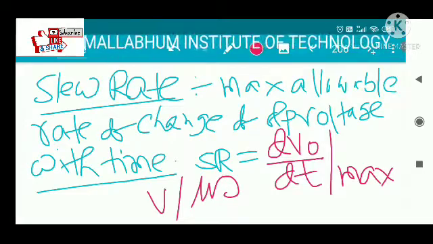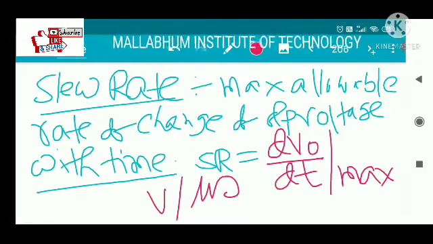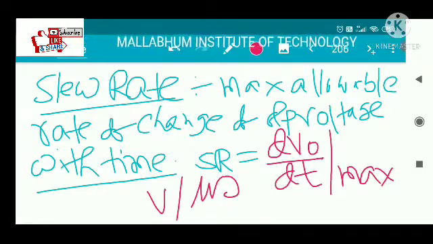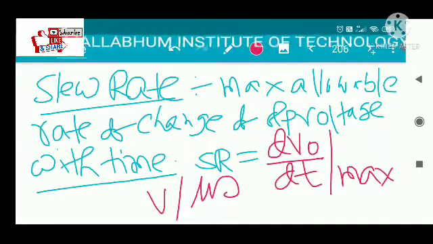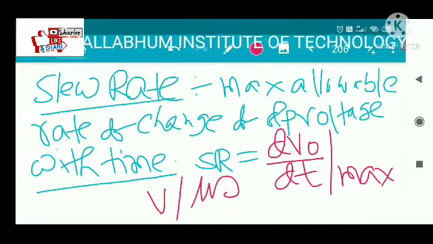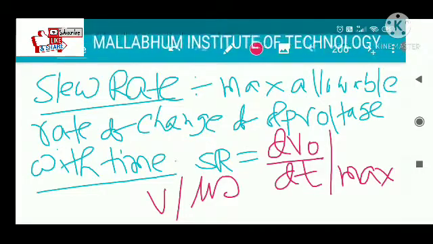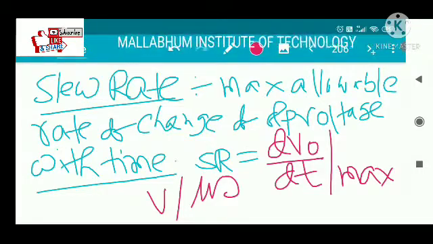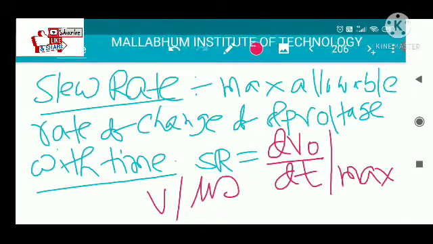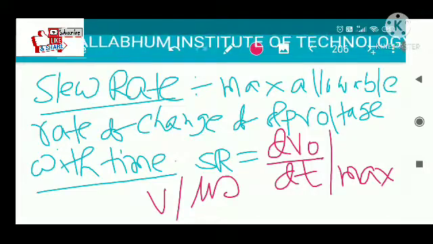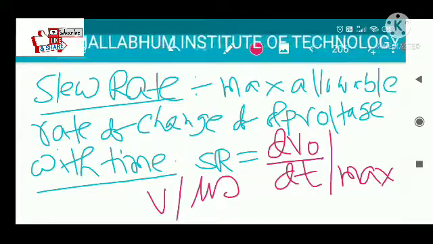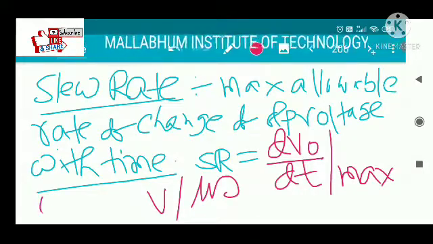So slew rate is the maximum allowable rate of change of output voltage with respect to time, represented mathematically as dV0 divided by dt max, and the unit is volt per microsecond. This is a very important parameter for high frequency applications such as oscillators, comparators, filters, etc.